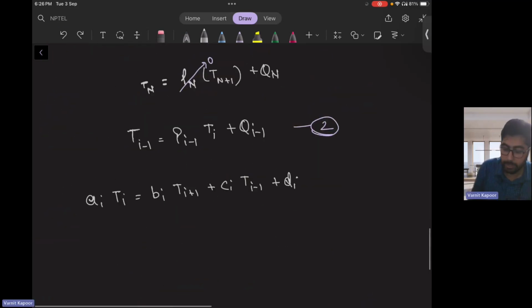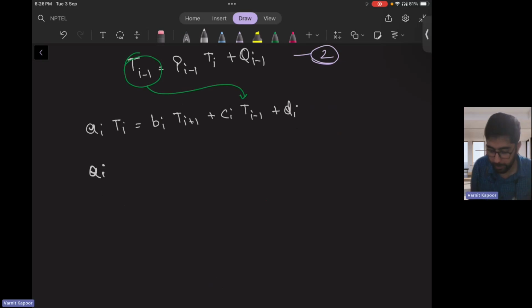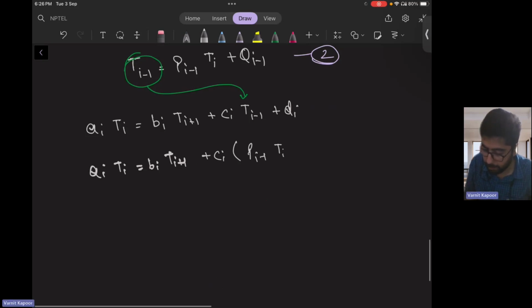Now, if you put this T of i minus 1 in here, that is A of i T of i is equal to B of i T of i plus 1 plus C of i times P of i minus 1 T of i plus Q of i minus 1, plus D of i.